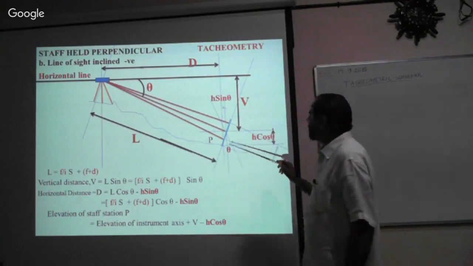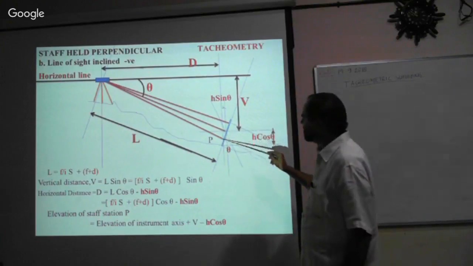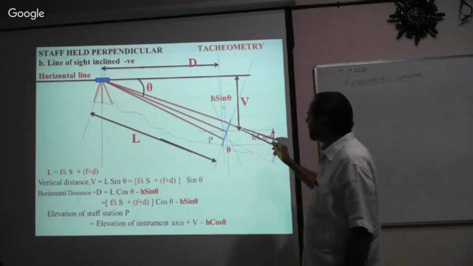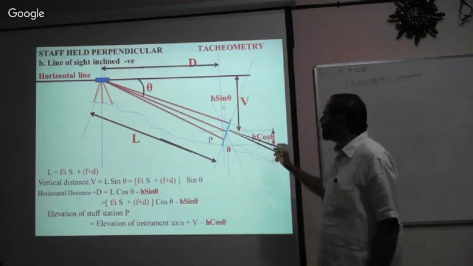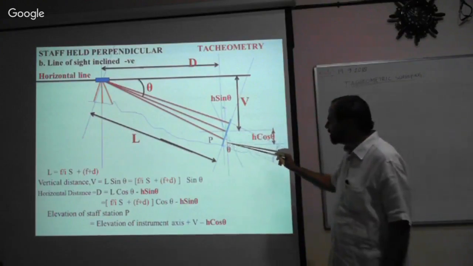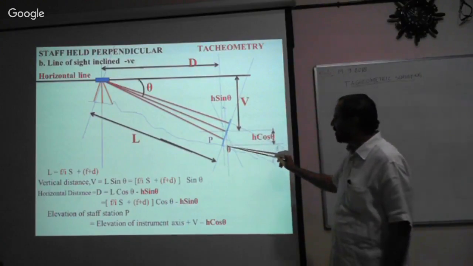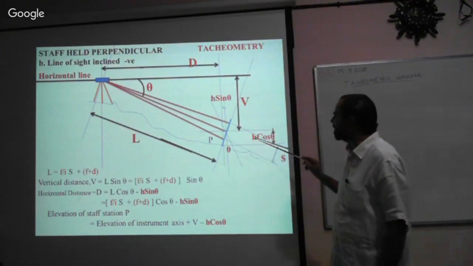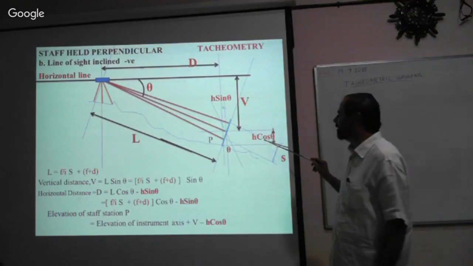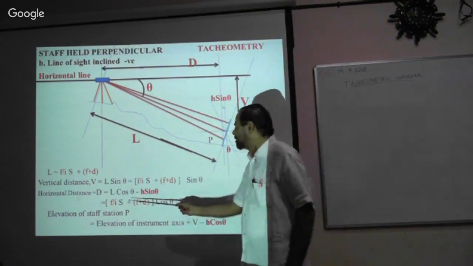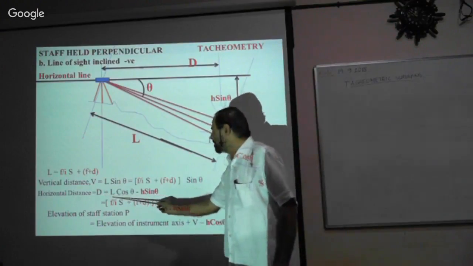Similarly, from here to here, this is the inclined staff. Therefore, the vertical distance to the central hair from the ground at the location becomes H cos theta. From this we can calculate the horizontal distance.